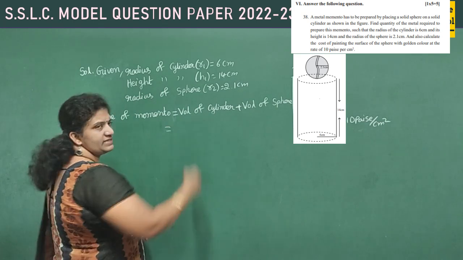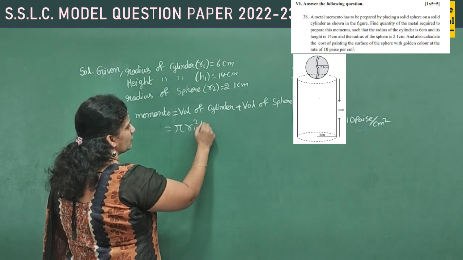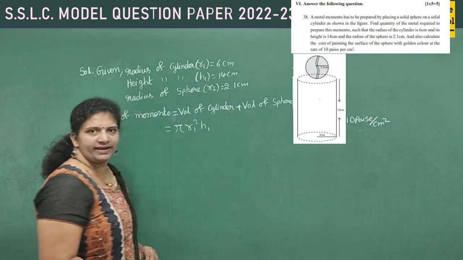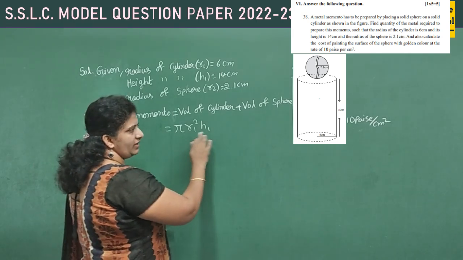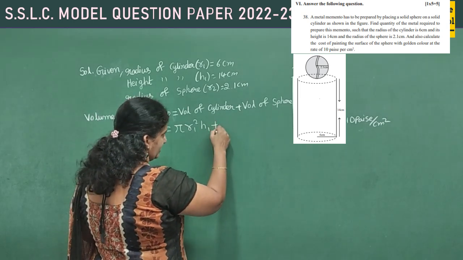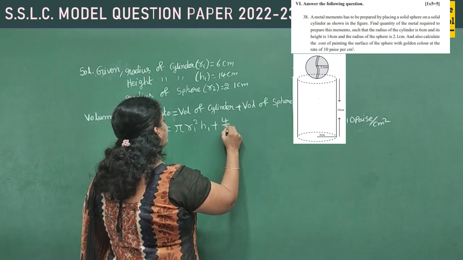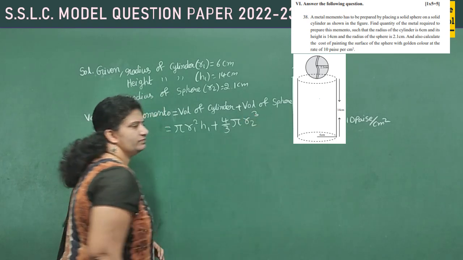What is the volume of a cylinder formula? Pi R1 square H1. Actually pi R square H. But here you have two solids, so separate it with R1, R2. So pi R1 square H1 plus the volume of a sphere, 4 by 3 pi R2 cube.